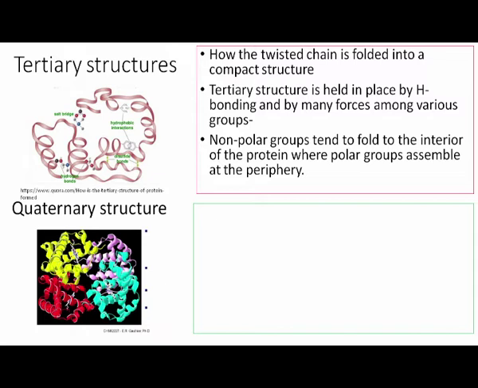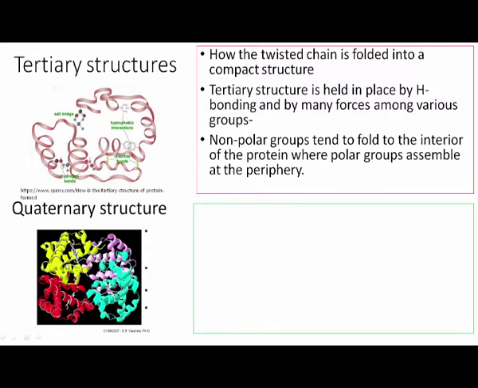So, here is an example. As you can see, each color here represents one polypeptide chain. So, the yellow color shows one polypeptide chain, the red color shows another one, the third one and the fourth one, and in each polypeptide chain you can see they have essentially folded into an alpha helical configuration.